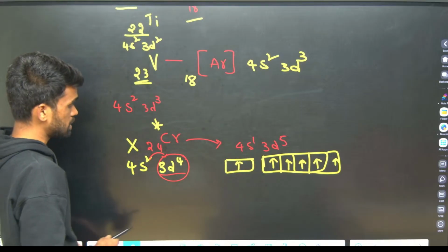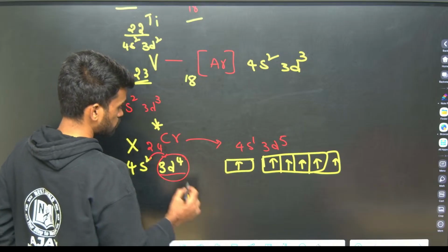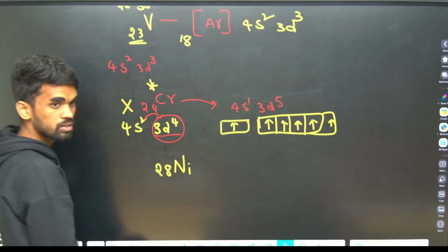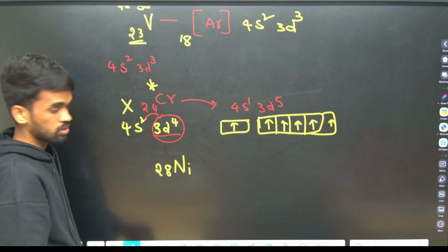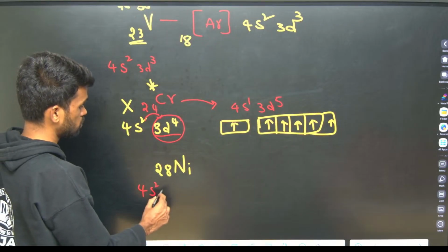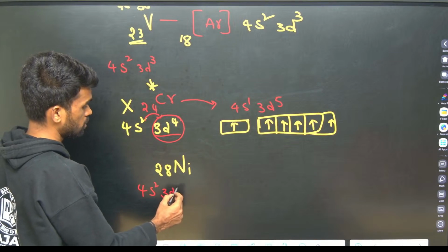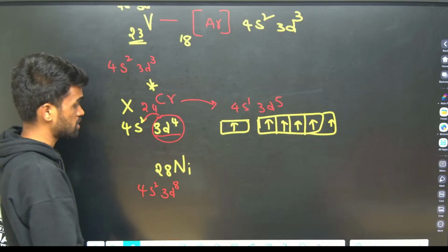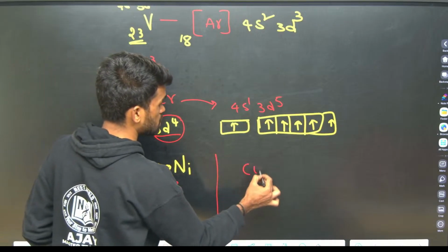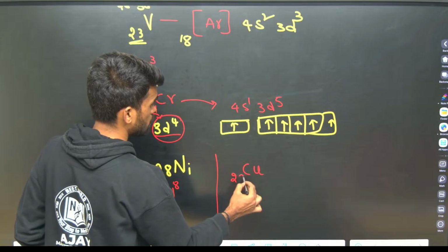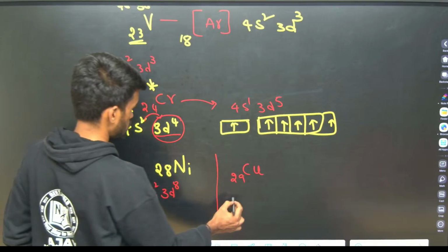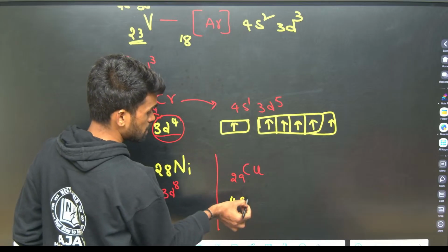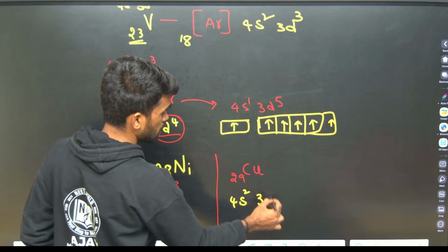Okay, and next if I want to write for nickel, 28. 4s2 3d8, that is perfect, no issues in this case. Again you will see one more exception in the case of copper, it is 29. Tell me. 4s1 3d10, instead of filling 4s2 3d9.